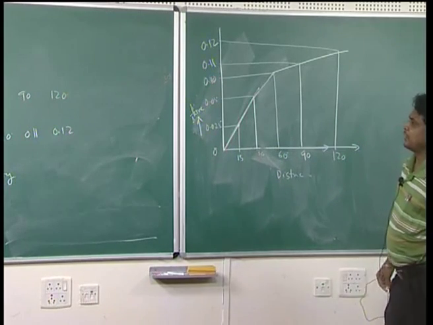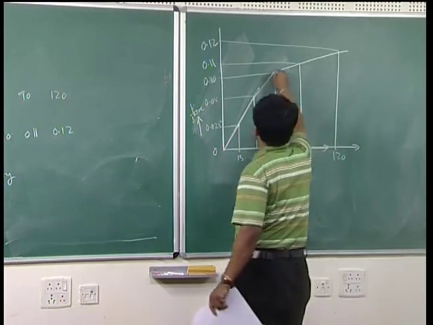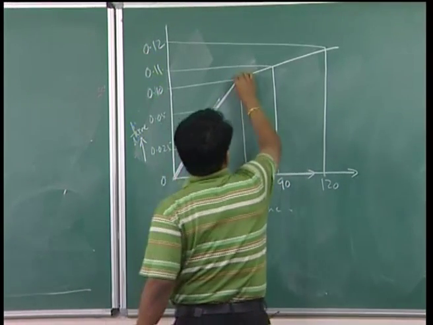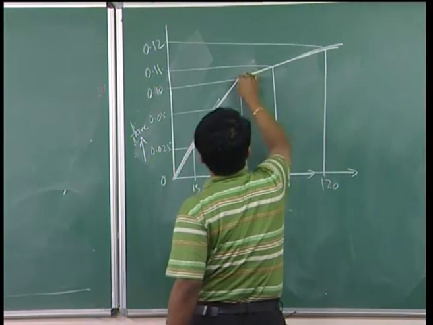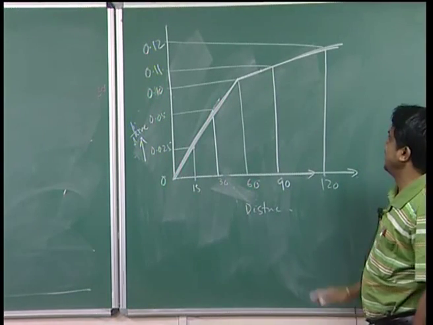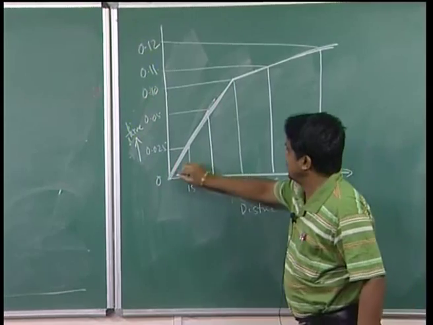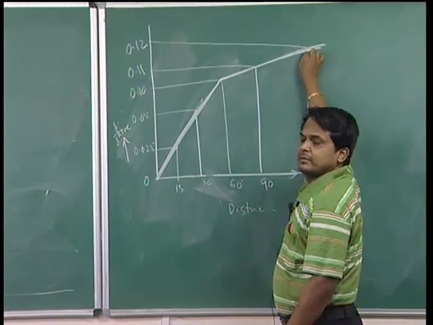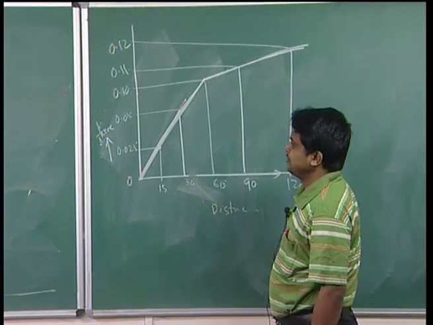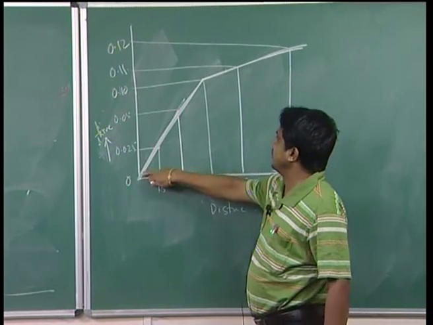First plot your time versus distance. You will find there is a breakage in this line, clearly there is a refraction. If there is a refraction, the line will change its path. So, from 0 to 60 it goes in a straight line.